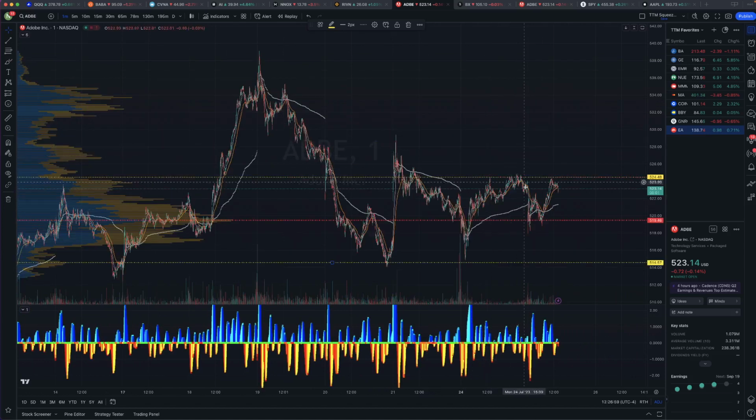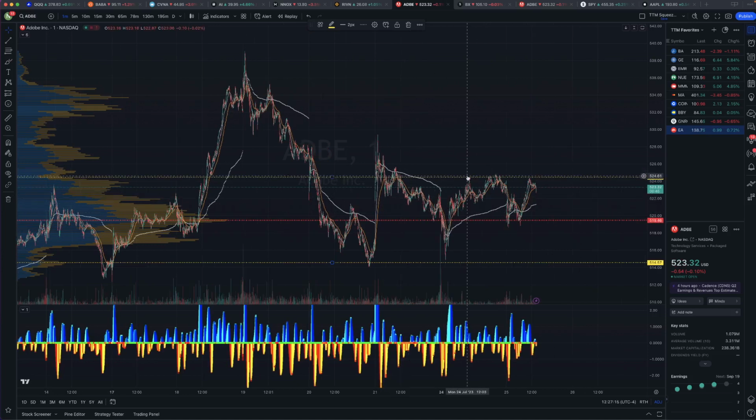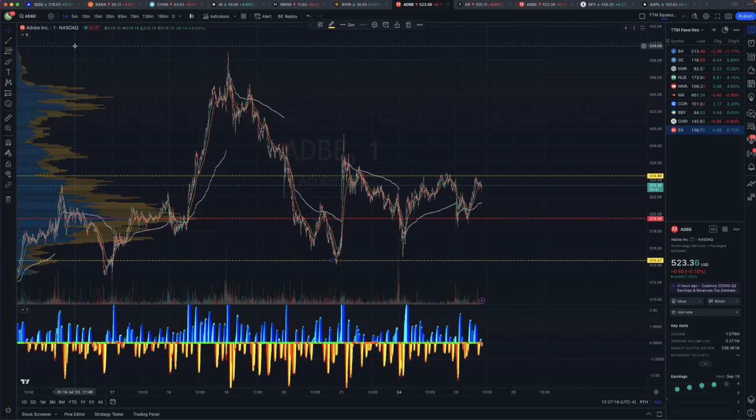You can see once we get above it, we're bouncing off it a few times, or at least in that range. Point of control is at 159.42, and I'd love to see this get above 524.47, but we've just kind of bounced off of that. So what I could see happening here is maybe something like this, right?